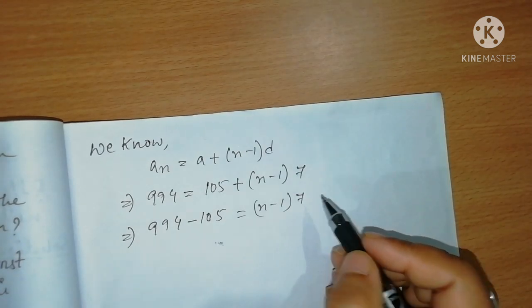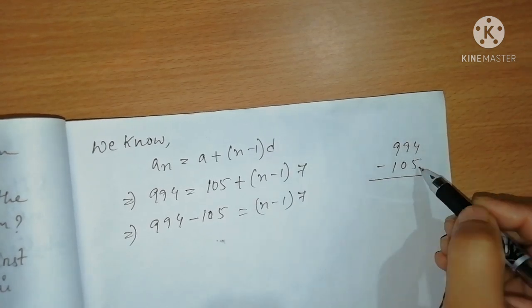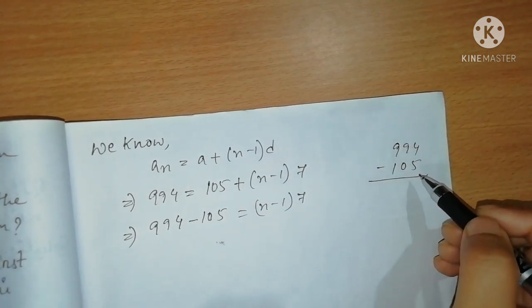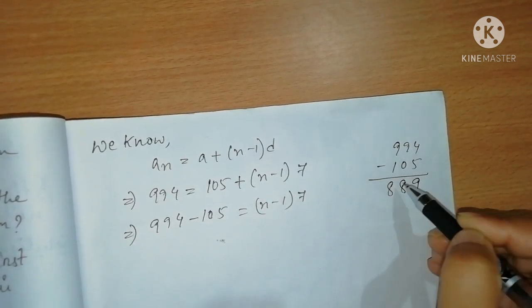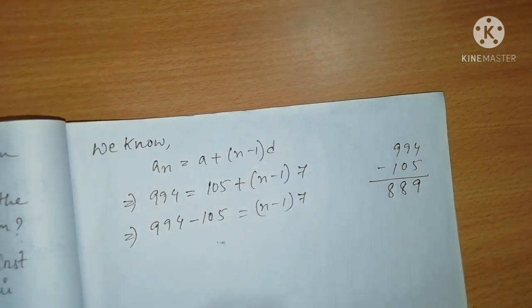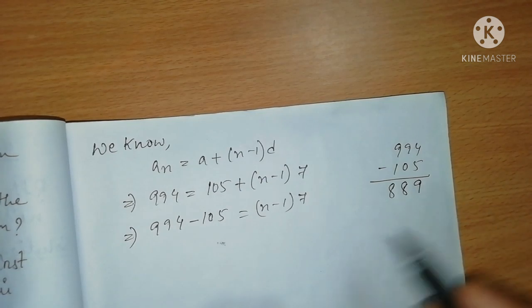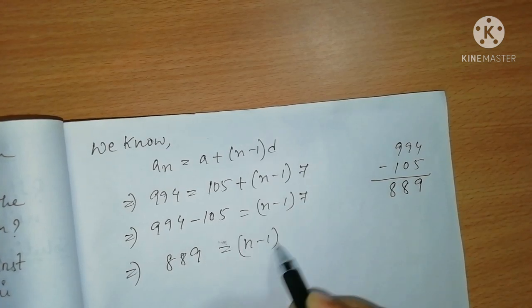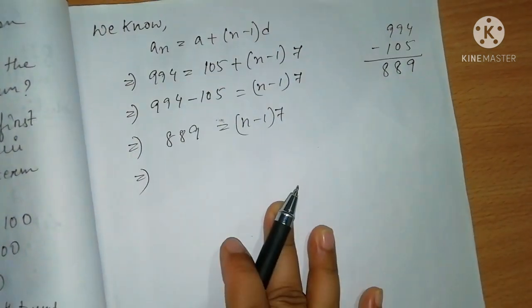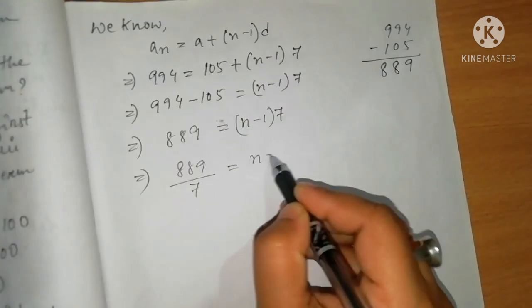So 994 minus 105 gives 889. So 889 is equal to n minus 1 into 7. This 889 will be divisible by 7, n minus 1.